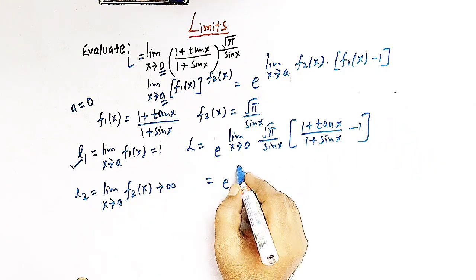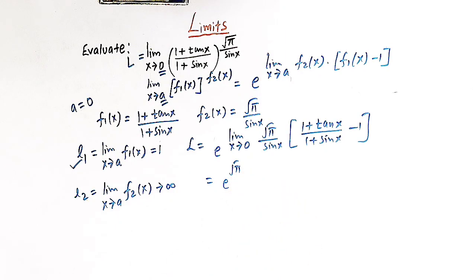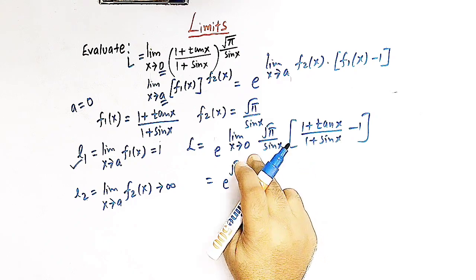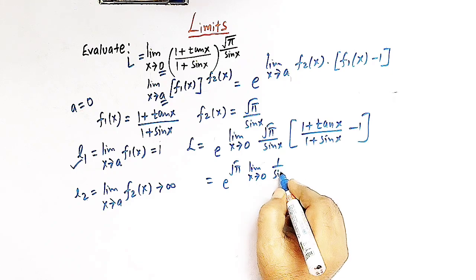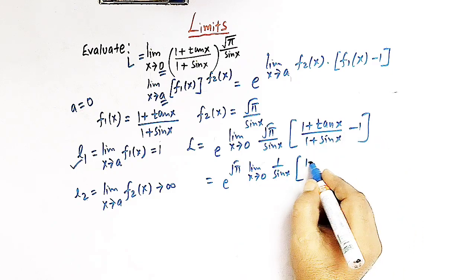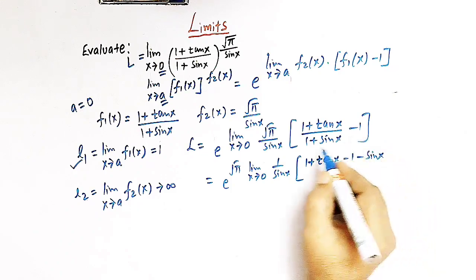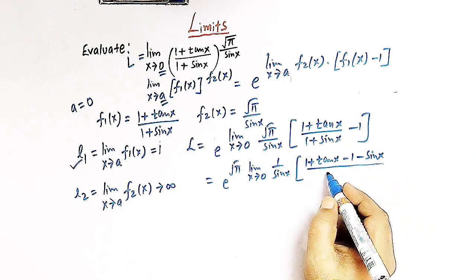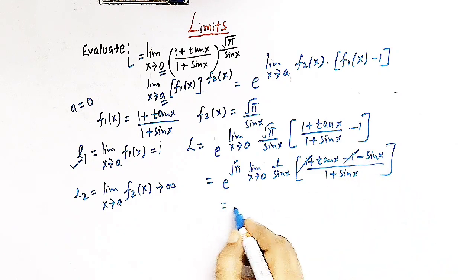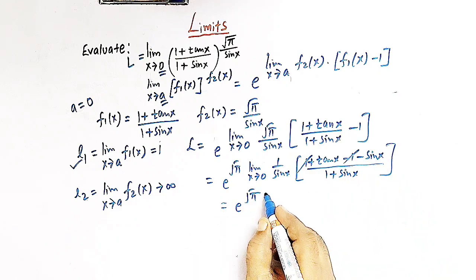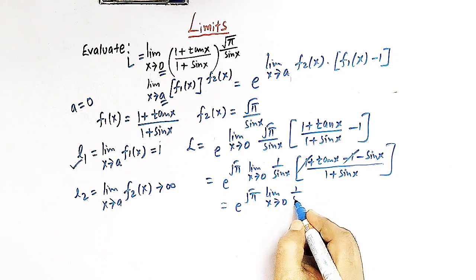So now we can simplify. Here we can write square root of pi, and limit x tends to 0, and here we have 1 over sin x, and simplifying this term we have 1 plus tan x minus 1 minus sin x, multiplying this 1 with 1 plus sin x, and here we have 1 plus sin x, and the 1 gets cancelled. So we have e raised to square root of pi times limit x tends to 0 of 1 over sin x.